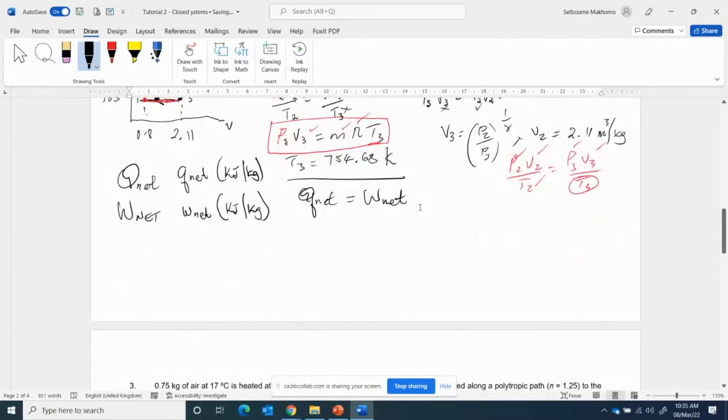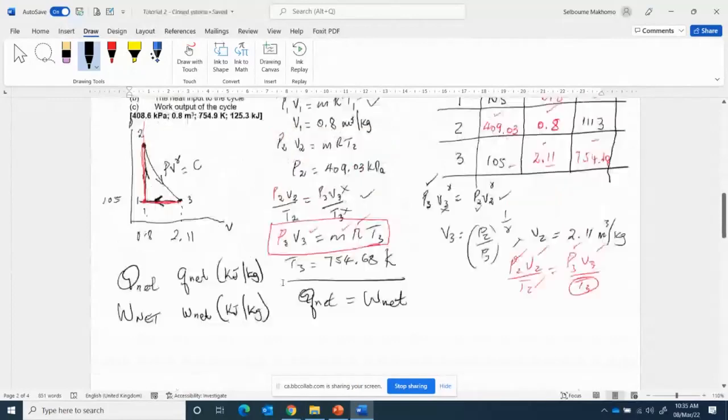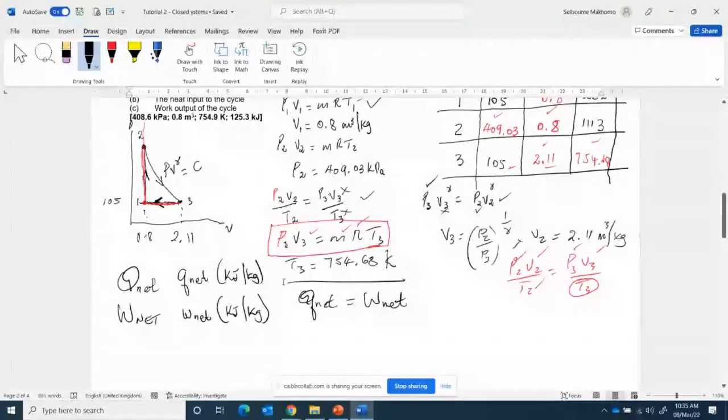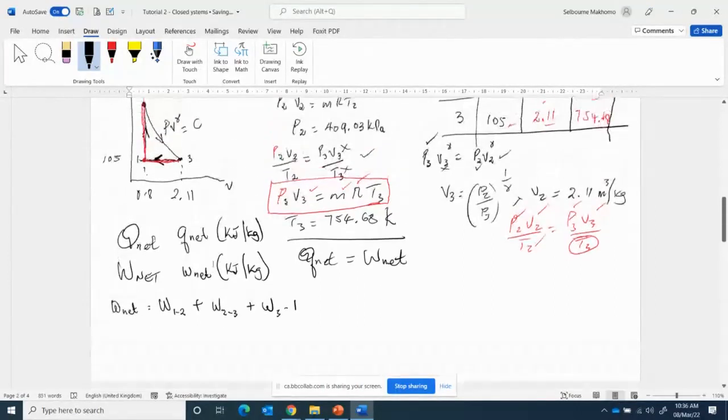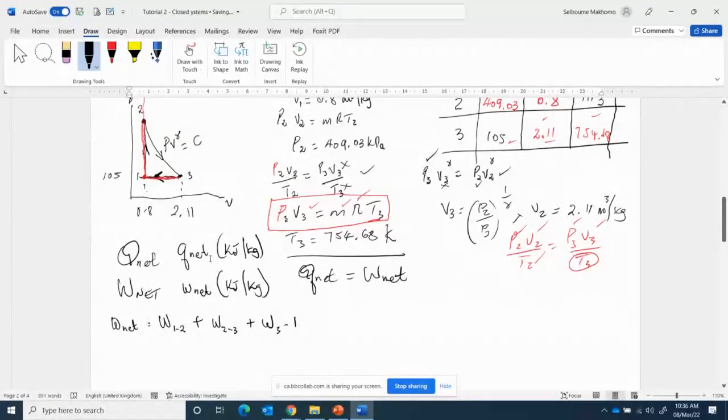So let's start. Work net between 1 and 2 plus 2 and 3 plus 3 and 1. We say work net is going to be work between 1 and 2 plus work between 2 and 3 plus work between 3 and 1. Now we go back to our sketch.